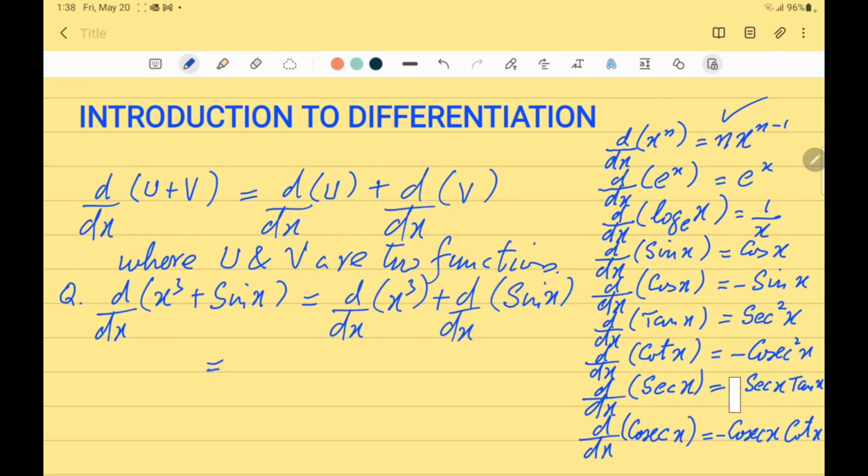The differential of x cube, we will bring down the power 3 and subtract 1 from the power, plus differential of sin x is cos x, that we can see from here. So we will be writing cos x. So our final answer will be 3x raised to power 2 plus cos x.